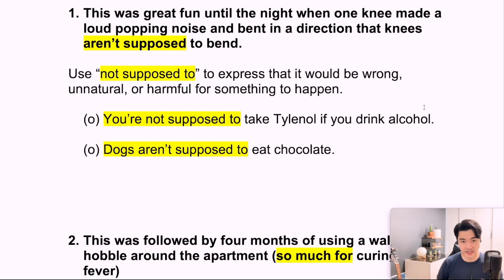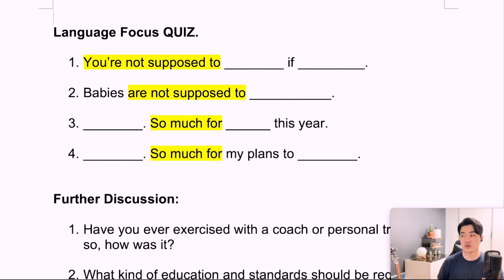So you're not supposed to play sport if you are injured. Of course, you should recover.